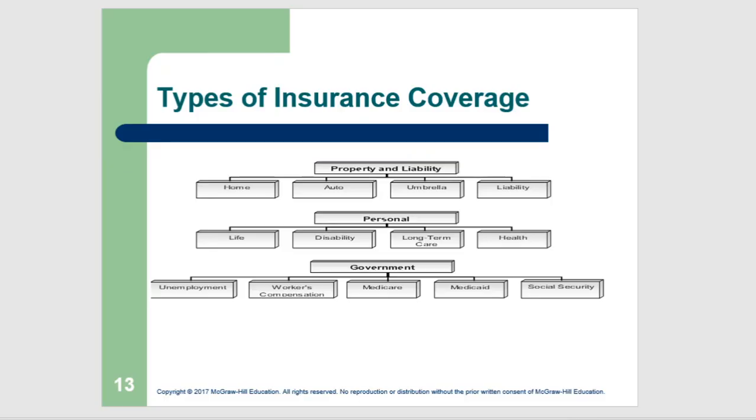And then government insurance: unemployment insurance, workers' compensation for injury and disability on the job, Medicare for health, late in life, Medicaid, medical insurance for the low income, and then Social Security, a cash benefit for older retirees.